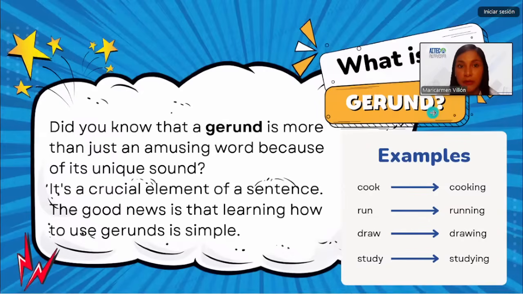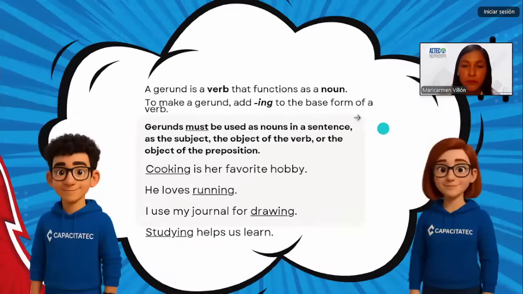Veamos nuevamente entonces por acá. A gerund is a verb that functions as a noun. To make a gerund, add ing to the base form of a verb. Entonces, para hacerlo, gerundio, entonces agregamos ing, ¿ya? A la base del verbo.